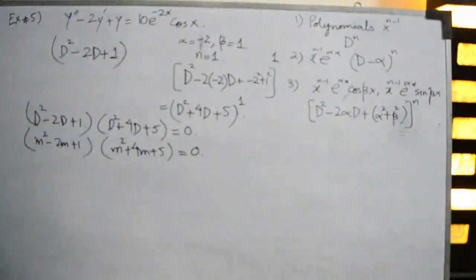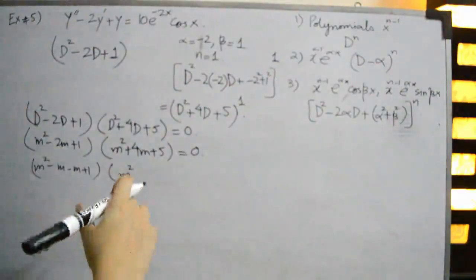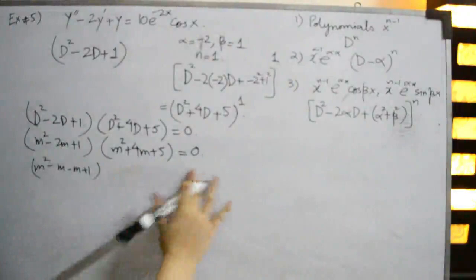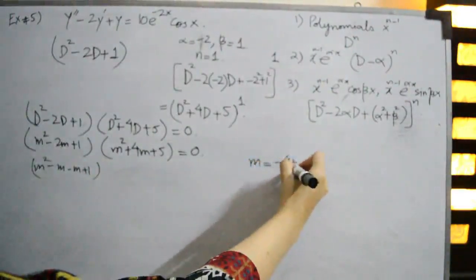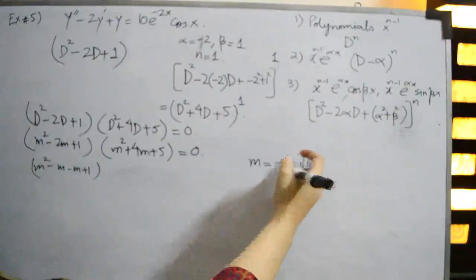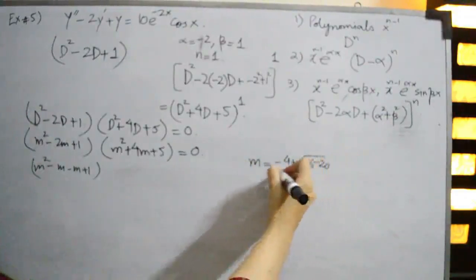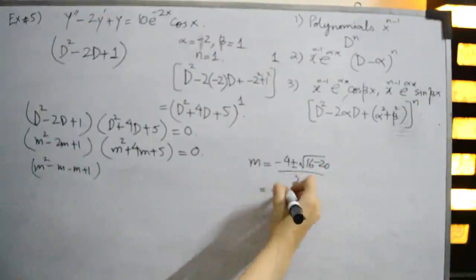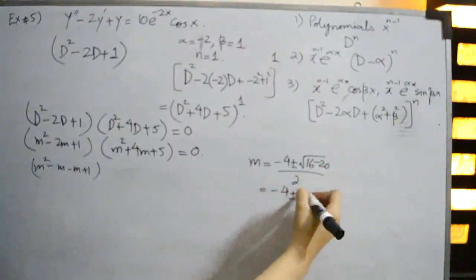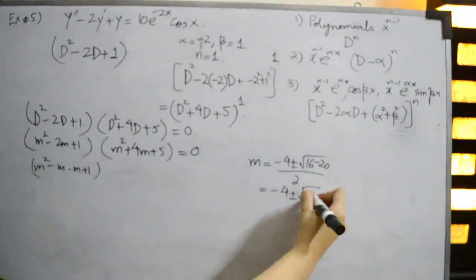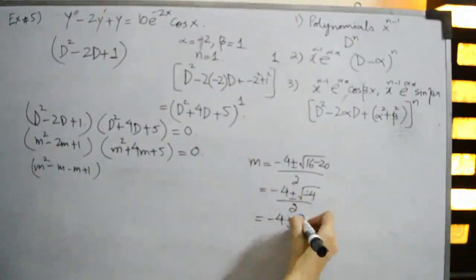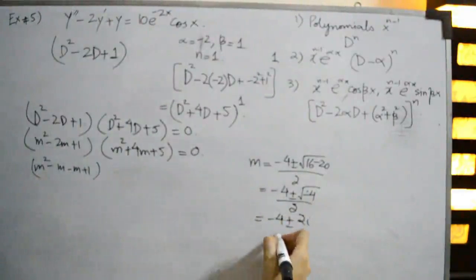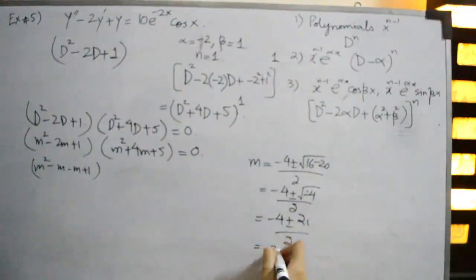You can use the quadratic formula here. m equals minus 4 plus minus square root of 16 minus 20, divided by 2, which is minus 4 plus minus 2 iota by 2, and that becomes minus 2 plus minus iota.